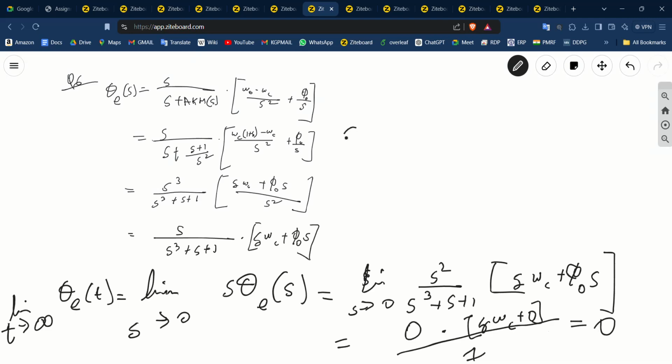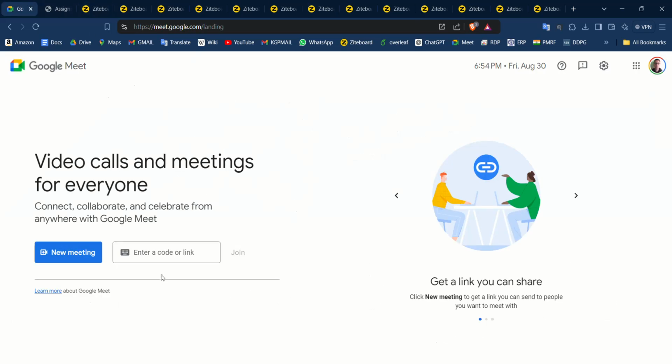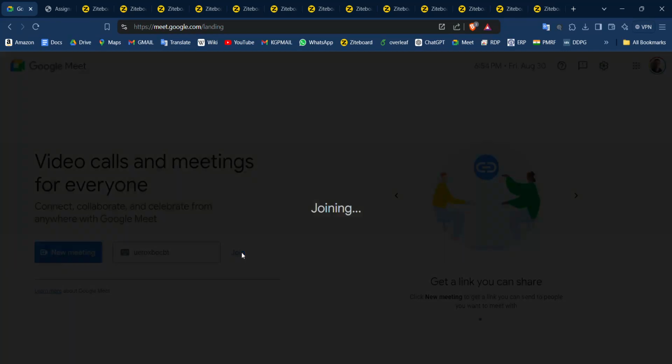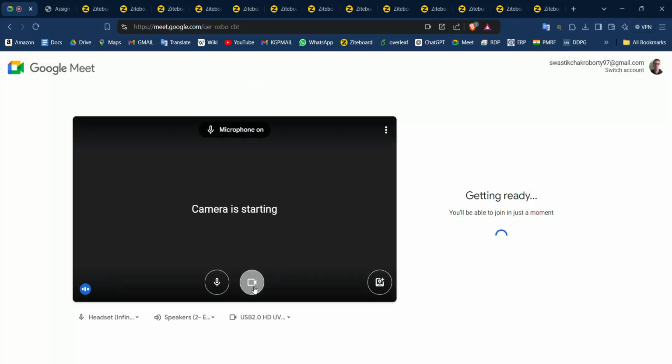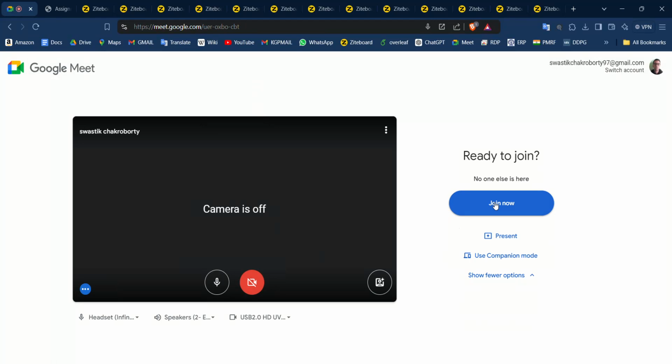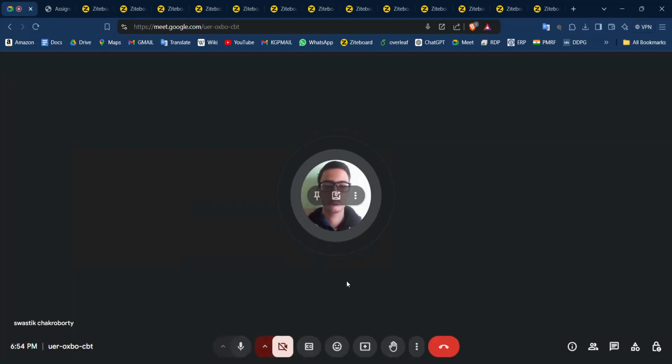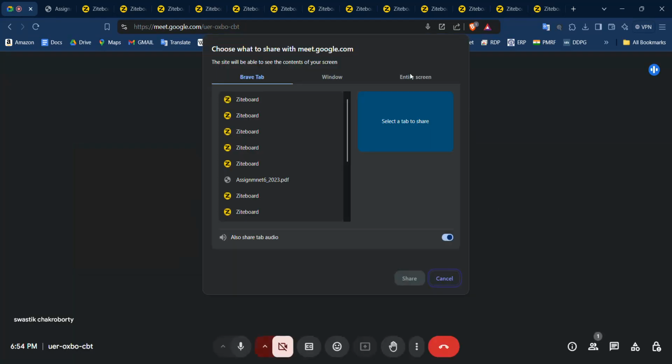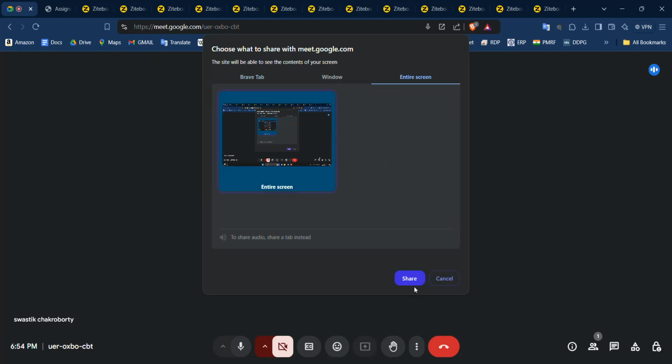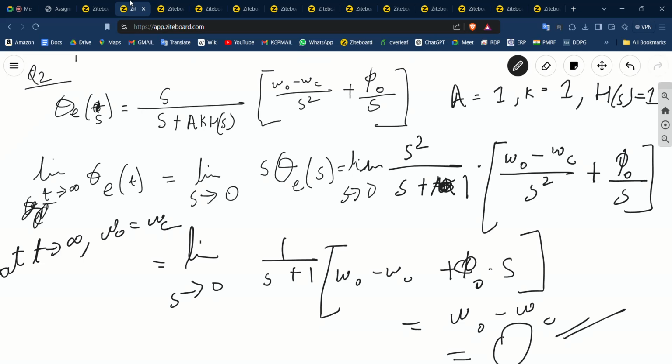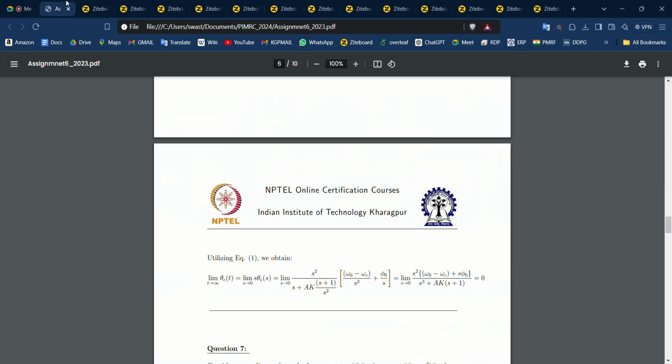So the steady state error is 0. For question 6, the steady state error is 0.